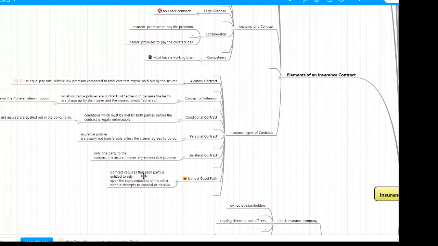The contract requires that each party is entitled to rely upon the representation of the other without attempts to conceal or deceive. So there's a question whether one tried to deceive the insurance company, or the insurance company is not paying the proper amount on the claims, or finding a way of delaying, which is a tactic.